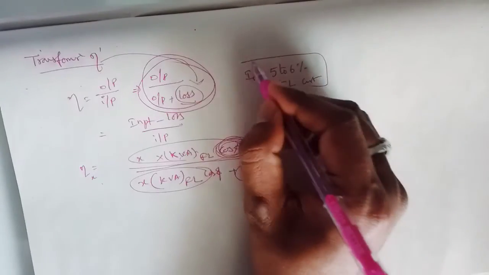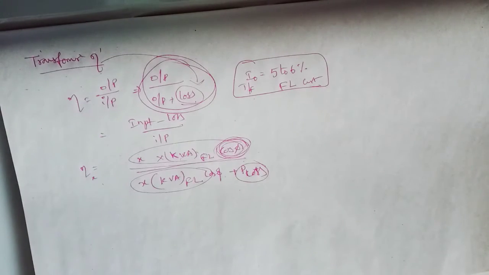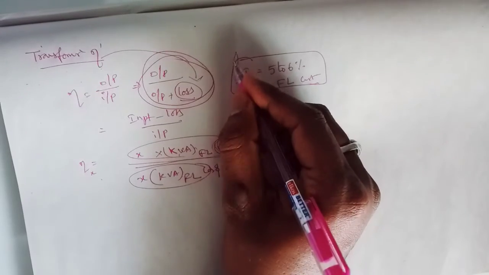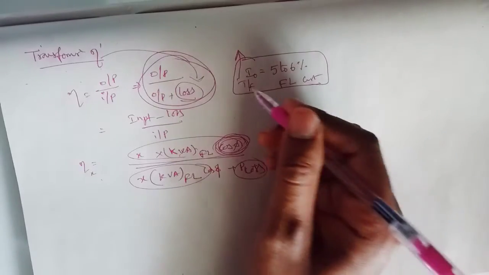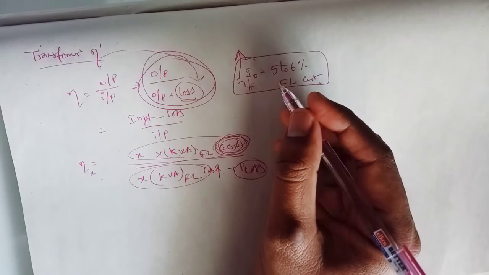The no load current of a transformer is 5 to 6 percent of full load current. That is one more thing. If the no load current is increased, then your power factor is going to be weakened.